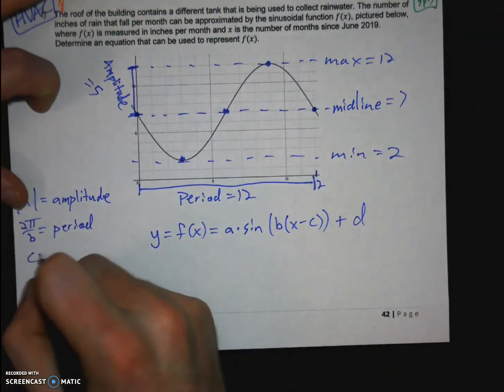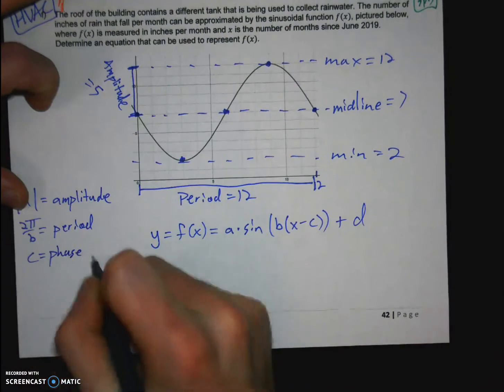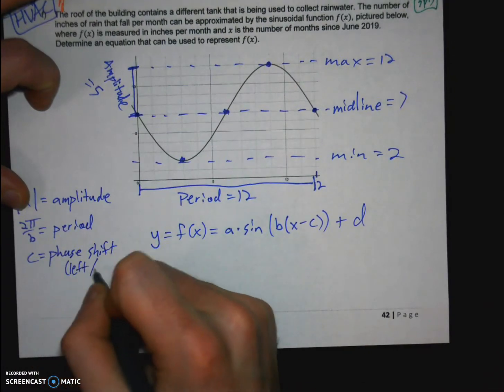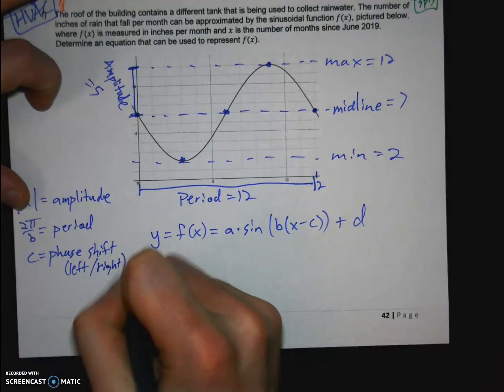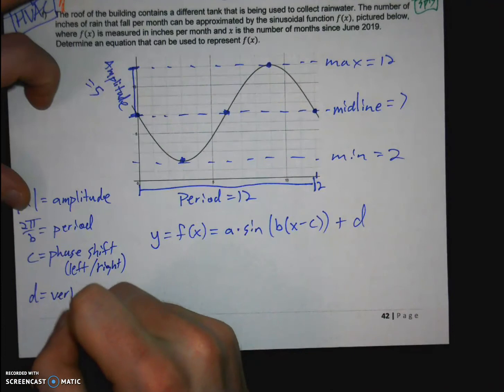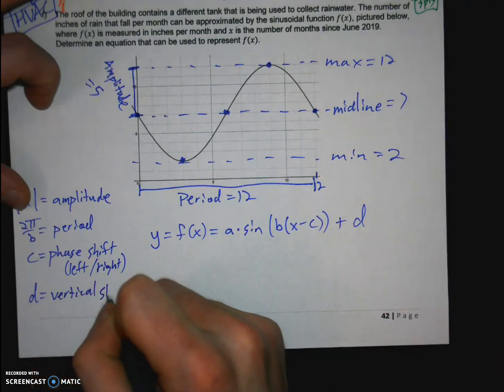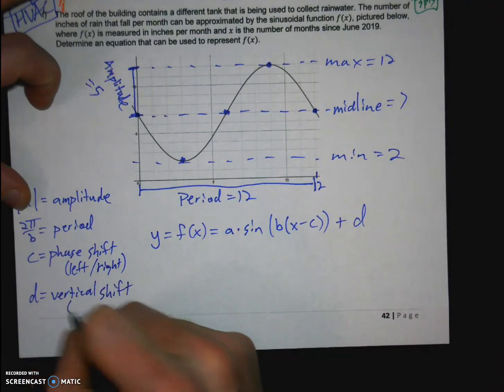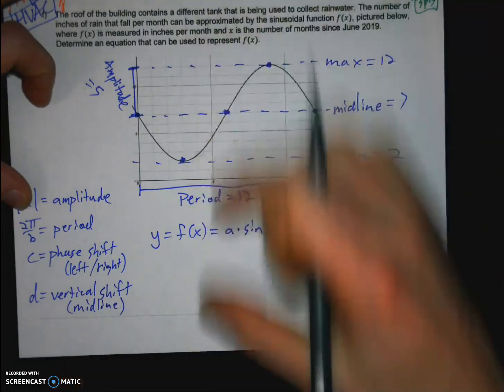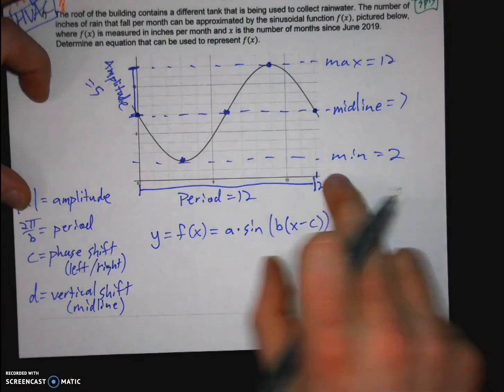The c is the phase shift, which is how far left or right we translate it, and d is the vertical shift, the midline. How far up or down have we moved this from the x-axis?